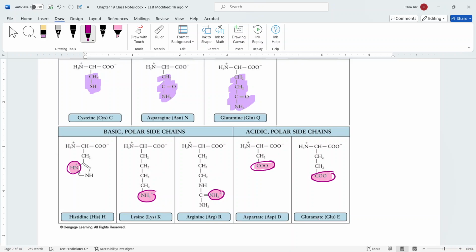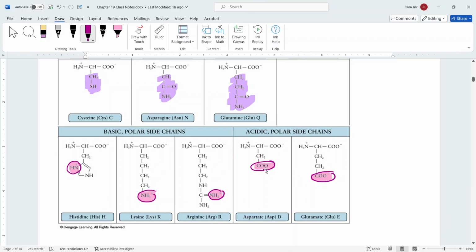This is the carboxylic group, which we call the carboxylate. Their pKa's are low enough to lose a proton. So that was originally an acid, a COOH, but it lost a proton because the pKa is so low. They lose a proton in there and they become negatively charged in the process.